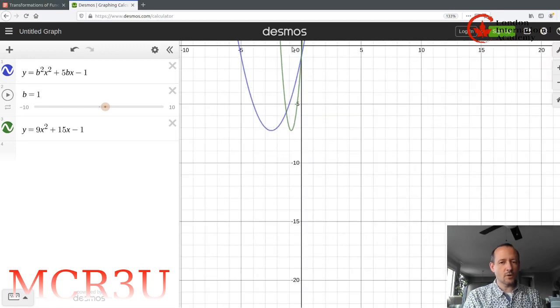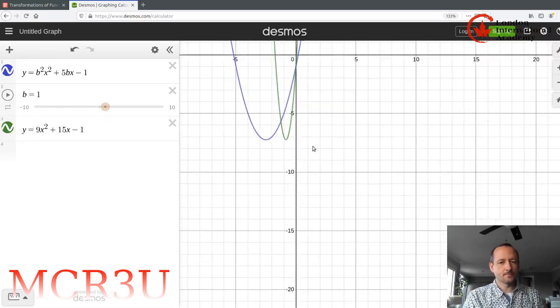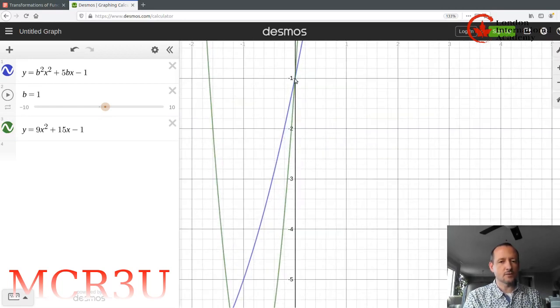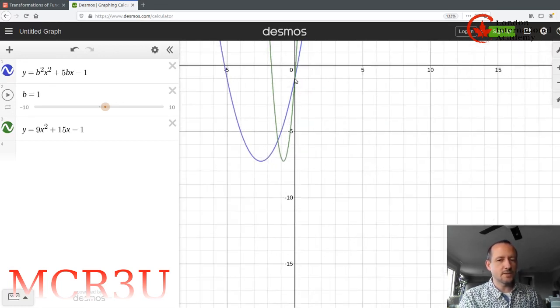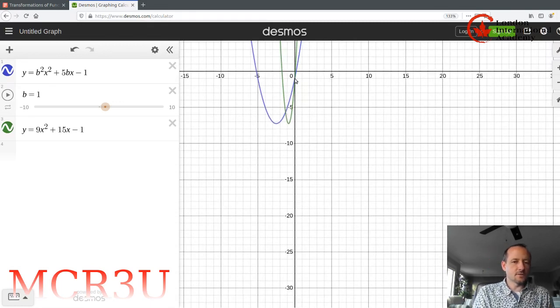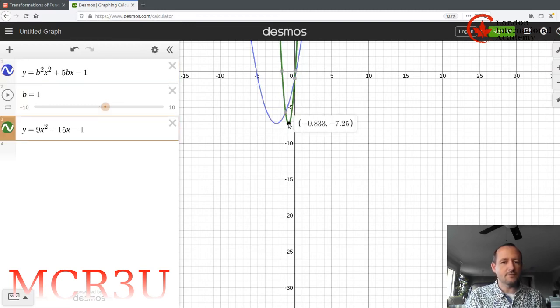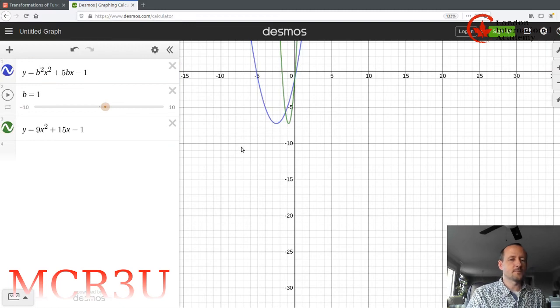And the point where they cross the y-axis here is going to be the same for each function, because this is 0 from the y-axis, and for the other one it's also 0, because 3 times 0 is 0. So each point is 3 times closer. So that's in a horizontal direction. So this point here is negative 2.5, and this one should be 1/3 of negative 2.5, which is negative 0.833.